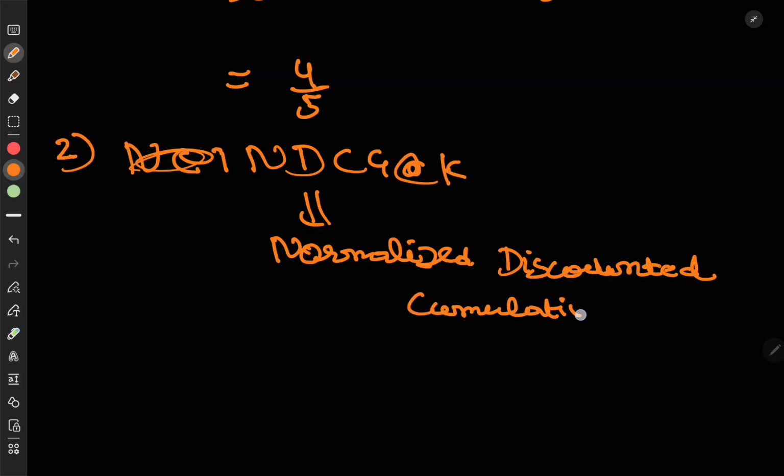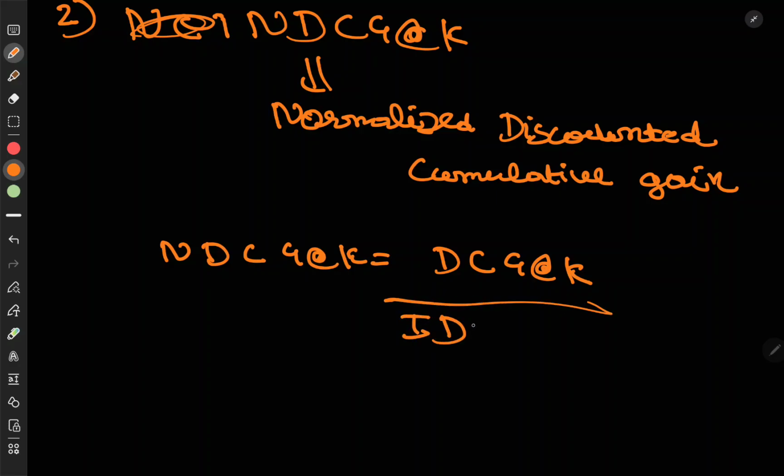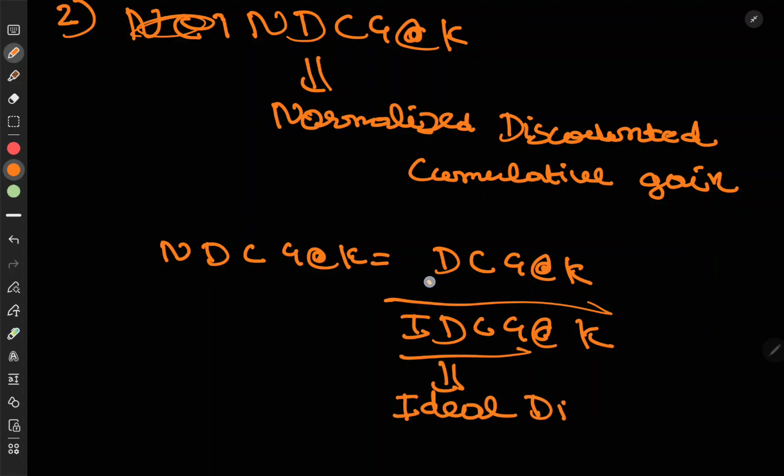Now how is this calculated? I'll tell you that. The formula is pretty straightforward here, that is DCG at the rate k by IDCG at the rate k. So IDCG is nothing but ideal discounted cumulative gain and DCG is discounted cumulative gain.